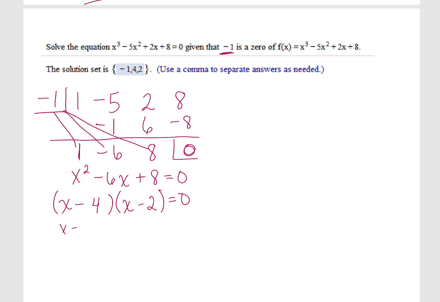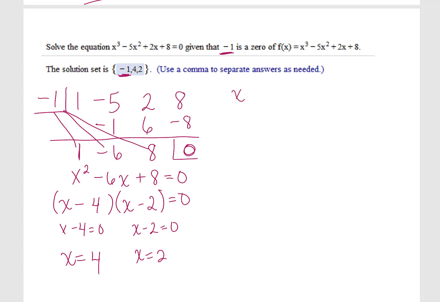And when I set each of those to 0, I get x equals +2 and x equals +4. Remember that -1 was the 0 that was given. So my solution set is -1, +4, and +2.